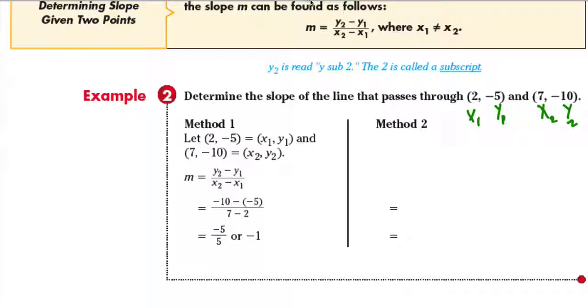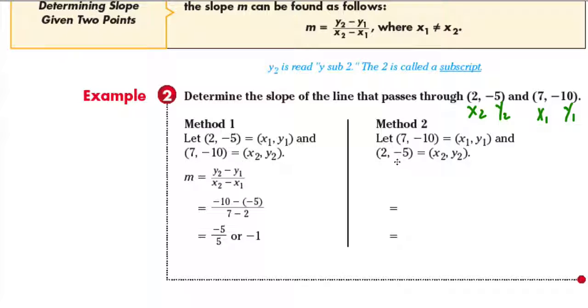Now let us look at method number 2. In method number 2, we basically switch the values. We make this x sub 1 and y sub 1, and we make this x sub 2 and y sub 2. And let's see what happens. Okay, so in method 2, we do the opposite: 7 and negative 10 are x sub 1, y sub 1, and 2 and negative 5 are x sub 2, y sub 2. Write down the formula again, substitute the values, and if you notice, the slope will be the same.